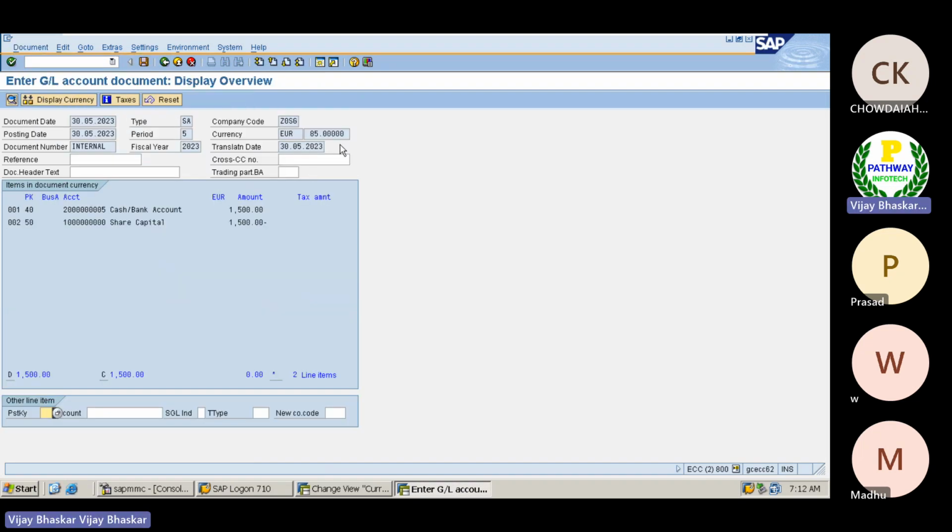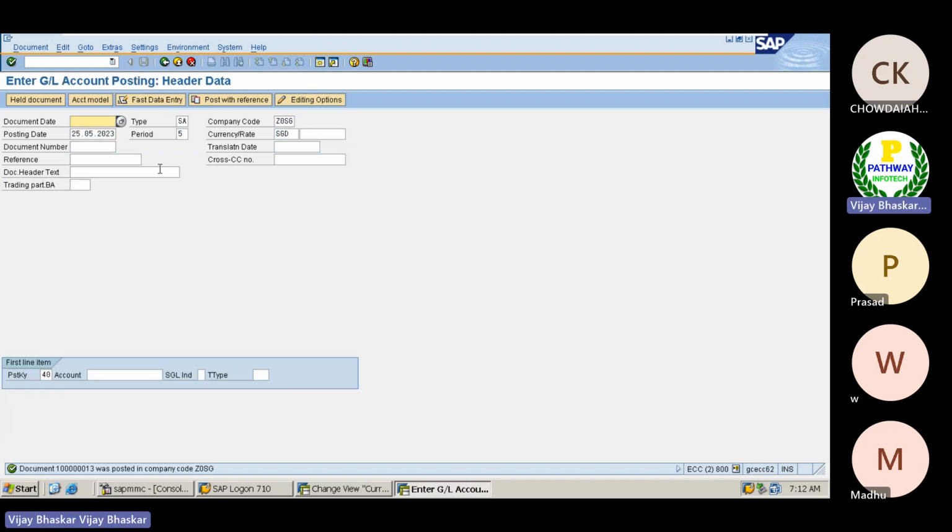Now you can see the exchange rate which has been updated, our own rate, not by the system. 85 rupees is what I have entered at the system level. So this is not from the table level. This is our own rate, the user's own rate. Then post the transaction into the system.